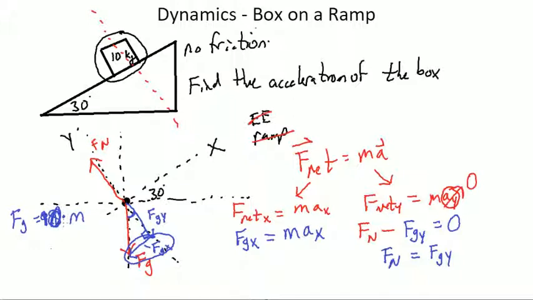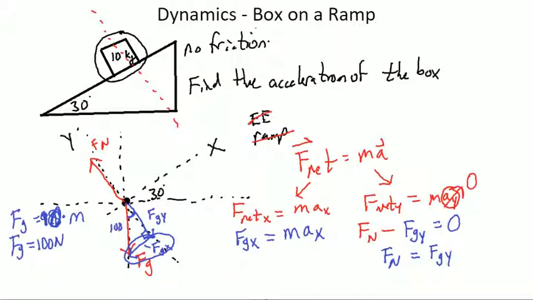I honestly don't have a calculator on me, so I'm going to go ahead and use 10. Fg is 10 times the mass. Well, I know the mass is 10 kilograms, so the weight of the object is about 100 newtons. So the hypotenuse of my triangle is 100 newtons.